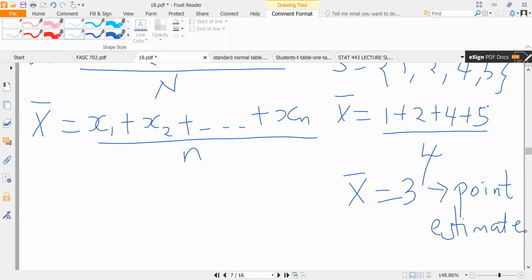So in that particular case, this is no longer an estimator, but an estimate.